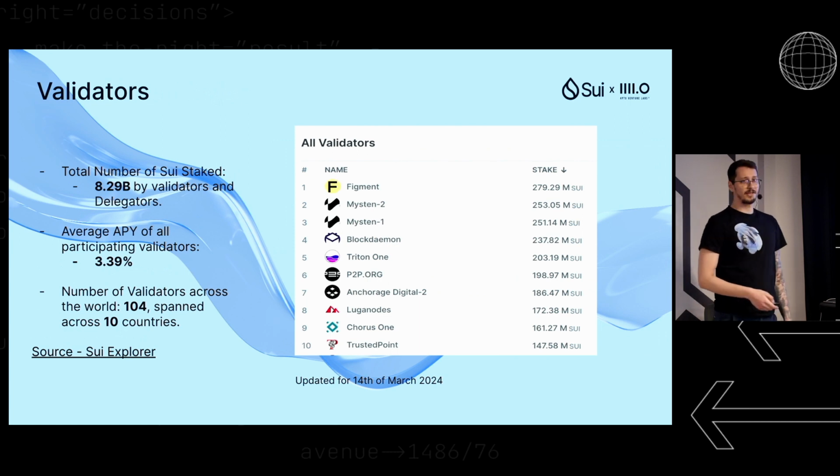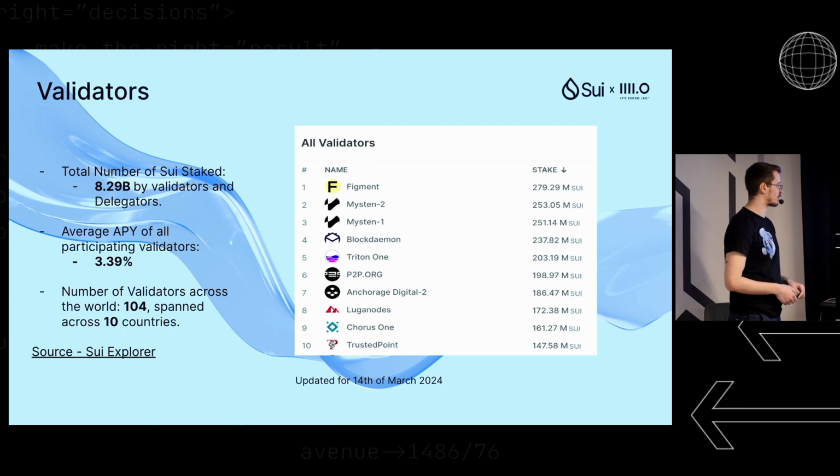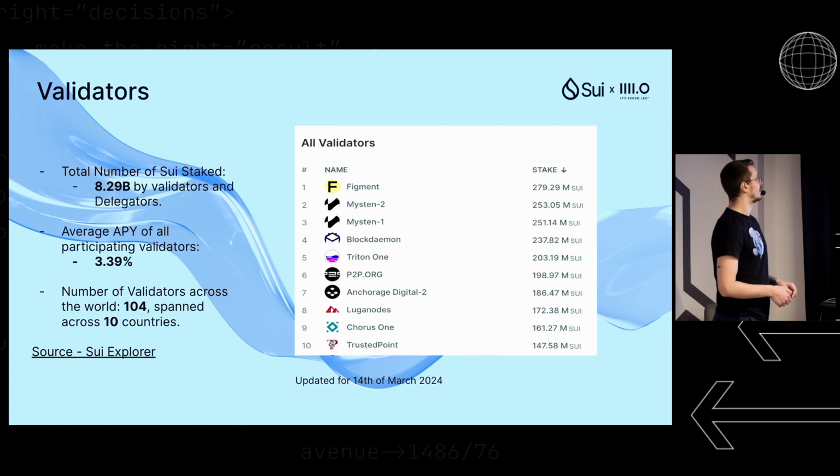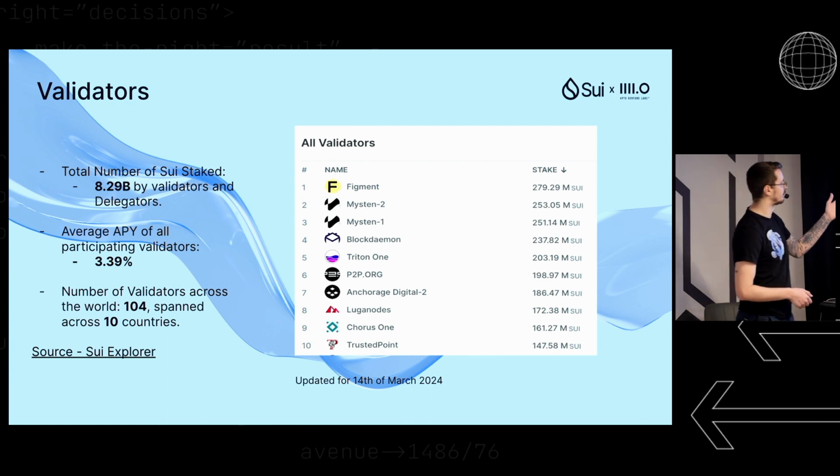Now, the top validators on SUI are here on the right. That's also data from last week, so I'm pretty sure that should be correct. The total number of SUI staked is almost 8.3 billion by validators and delegators, and the top 10 hold a good sum of it, right?